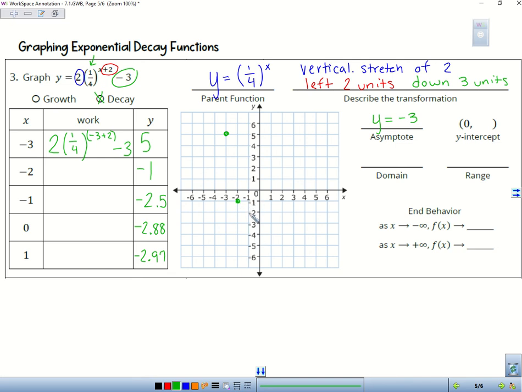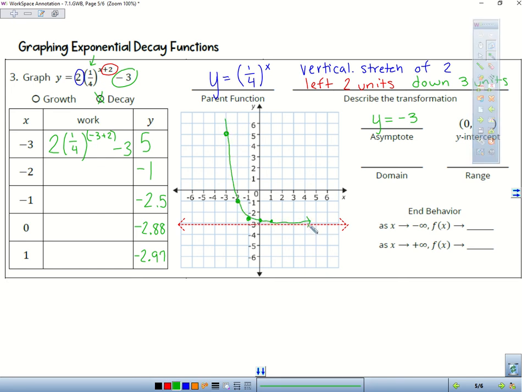Negative 1, 2.5. 0, 2 point something, whatever it is. 1, it gets really, really close to negative 3. Now I'm going to draw in my asymptote. Connect your graph.